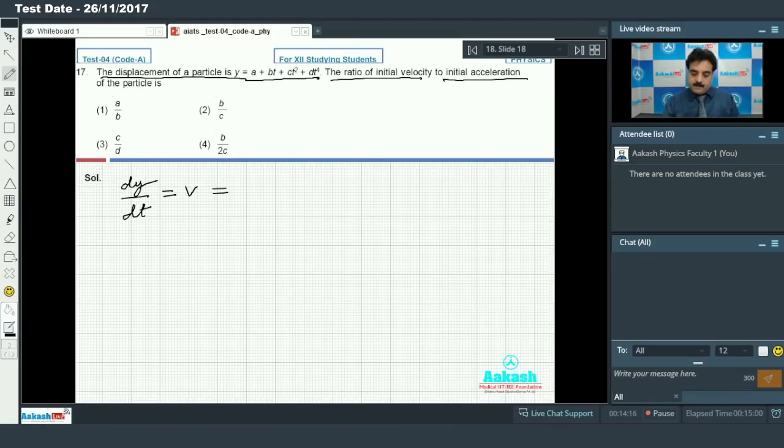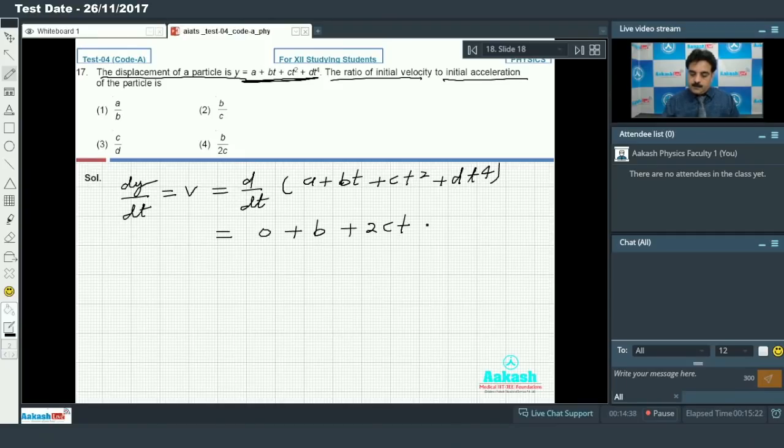When I differentiate y equals a plus bt plus ct square plus dt to the power 4, we'll get 0 plus b plus 2ct plus 4dt cube.